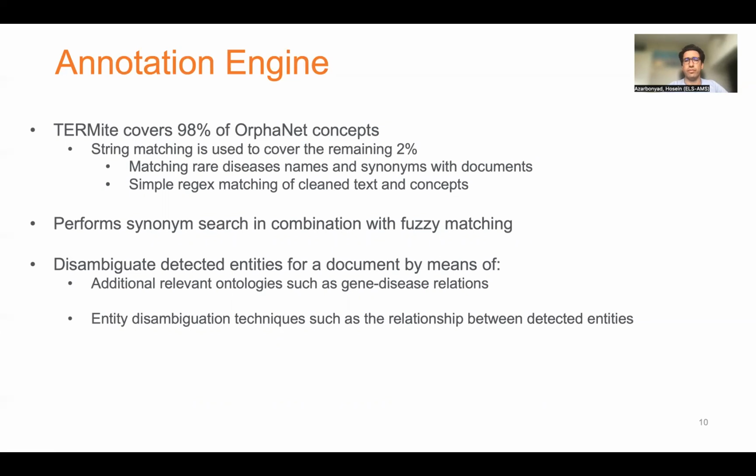So, for example, if we have a mention that might be a mention of two different diseases, then it tries to find the one that is the most relevant or most applicable in the context. To do so, it uses additional relevant ontologies such as gene-disease relations, which is also included in the Orphanet taxonomy, or common entity disambiguation techniques such as the relationship between detected entities.